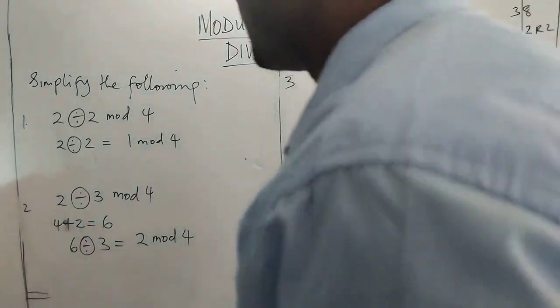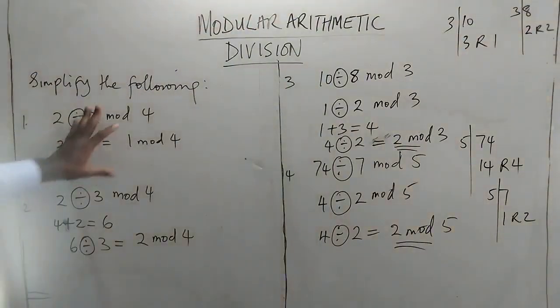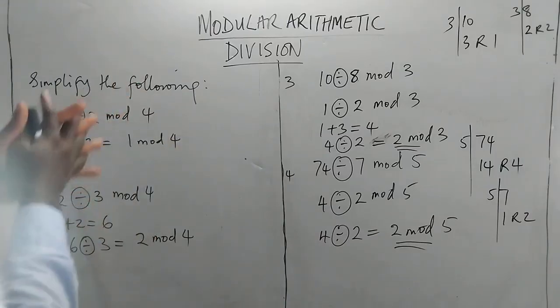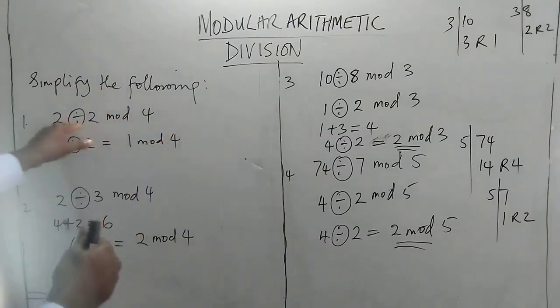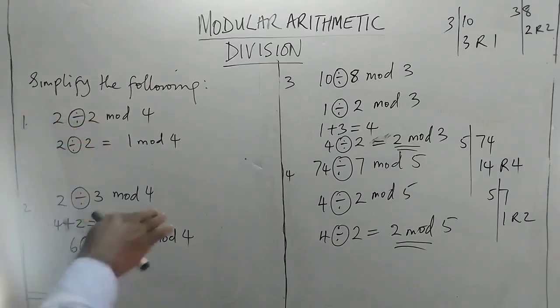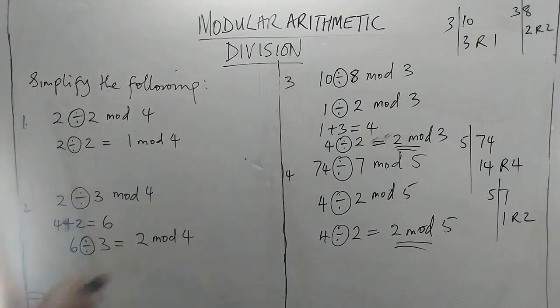In summary, what I'm trying to point out here is that if you are given any question on division, check the two numbers, both the dividend and the divisor. If they are within the allowable range of numbers in that mod, then check whether the divisor can divide the dividend.